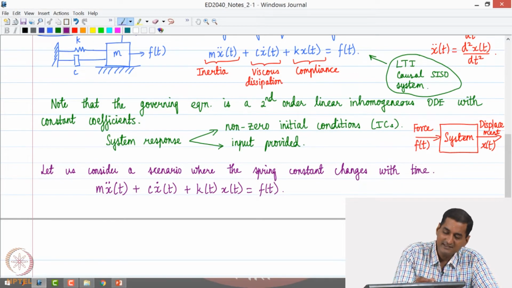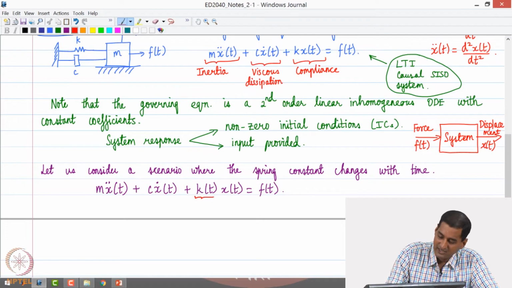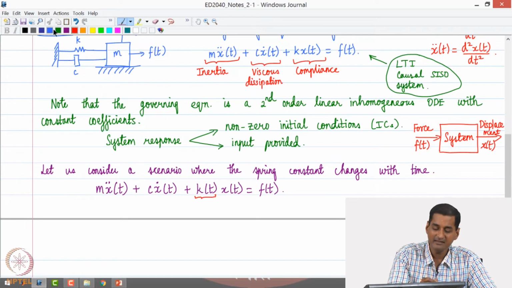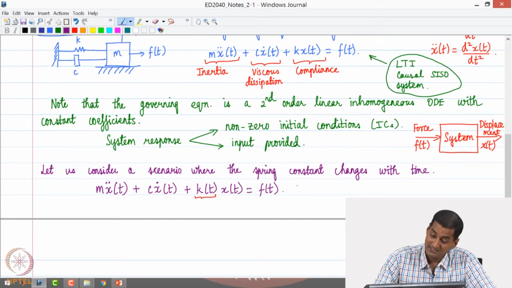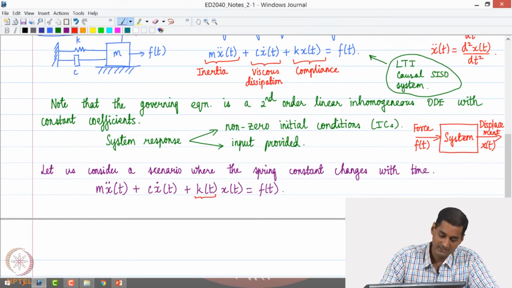So this k of t is now representative of a time varying spring constant. A time varying parameter comes into the system model. As a result, this becomes what is called a linear time varying system.